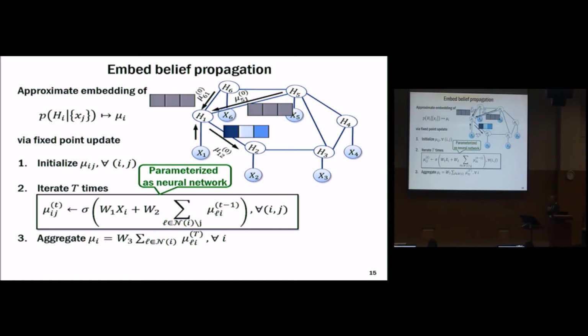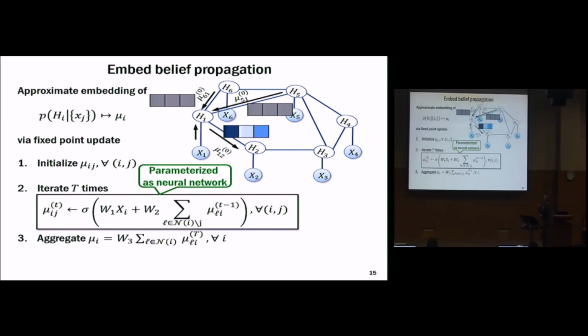Then you aggregate the corresponding node feature in a similar way, and push it through a nonlinear operation, the sigma function. The update parameters W1, W2 are learned later using the supervision signal in the end.